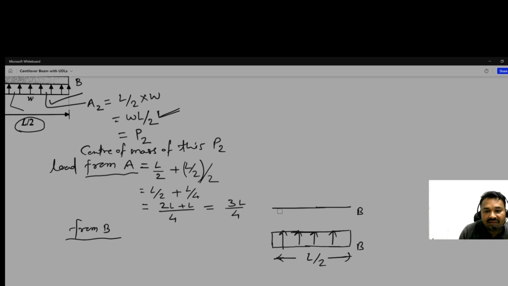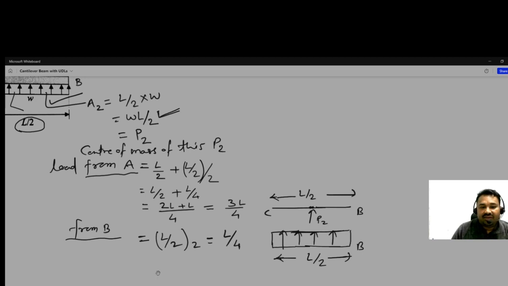This is B, this is C, and this is the load P2, and this distance is L by 2. So where it is acting, L by 2 divided by 2. Because it will act at the center of this rectangle, so that's why L by 4 here.